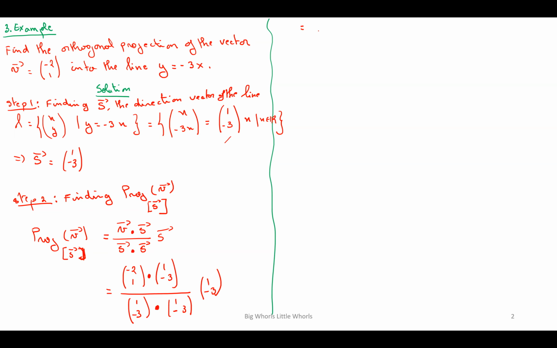This is equal to (-2 minus 3) over (1 plus 9).